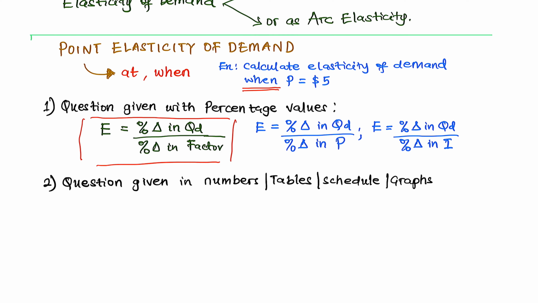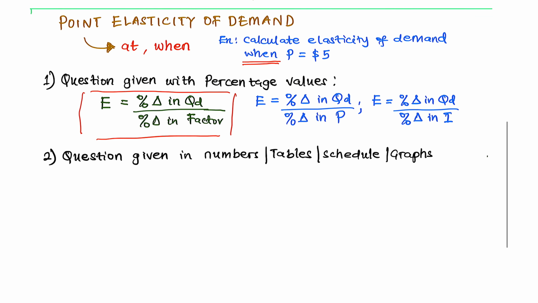The formula we're going to use is derived from the basic formula. Like I mentioned earlier, we have only one formula for elasticity of demand. So let's break down this formula to get which formula we will use when we have numbers, tables, schedule, or graphs.